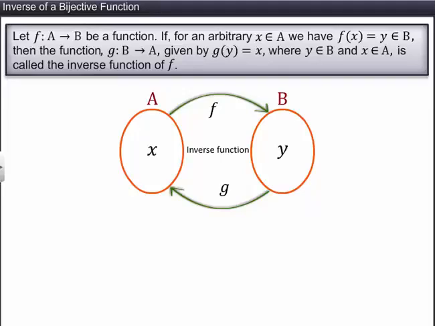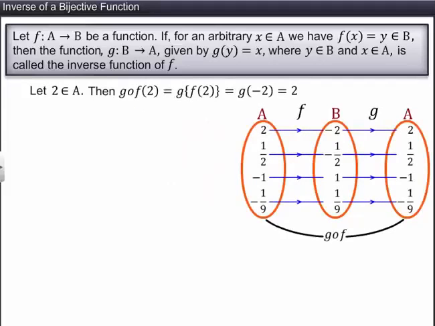Let's now move on and see when a function is said to be invertible. Let 2 be an arbitrary element in set A. Then g circle f of 2 is equal to 2. In general, g circle f of x is equal to x for all x belonging to set A. This implies g circle f is an identity mapping on A. Let's now see if f circle g is also an identity mapping.